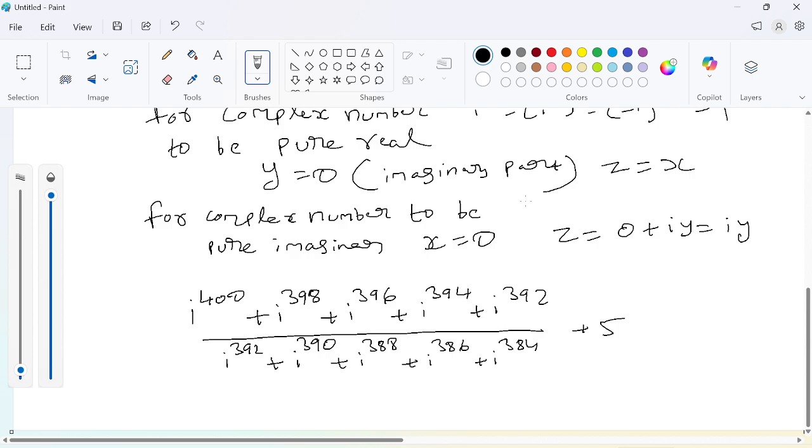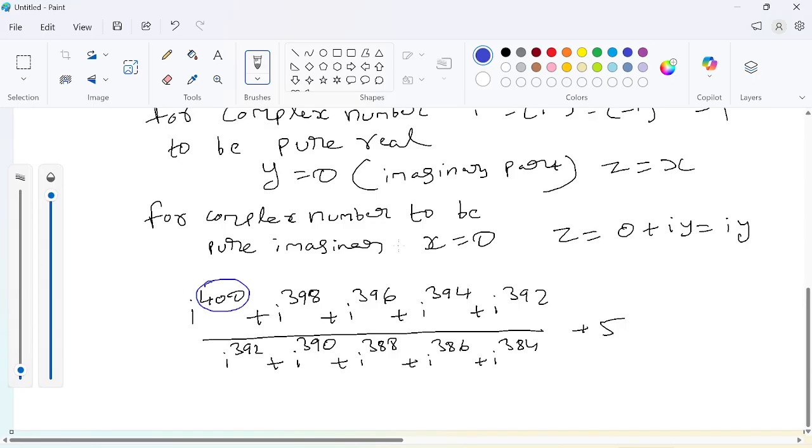Now you see here, don't get scared by seeing this problem. Whatever concept I told you just a few minutes back, we can apply that concept here. What is i? What is i square? Like that. Now take the numerator power of i, 400.